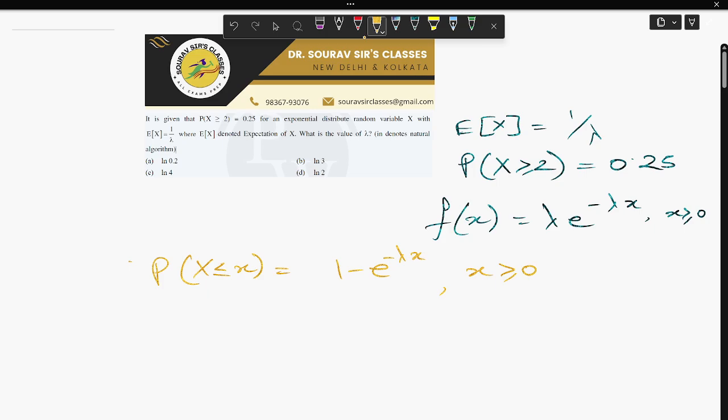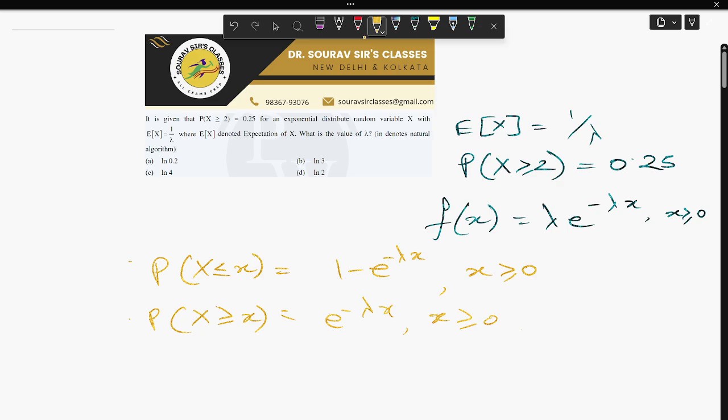The survival function, the probability that X exceeds a value x, is the probability of X greater than or equal to x, which equals e to the power minus lambda x. And the expectation, the mean, of X is 1 by lambda.